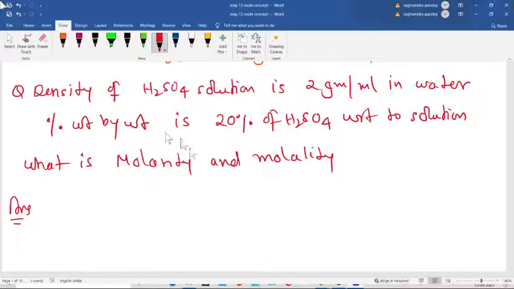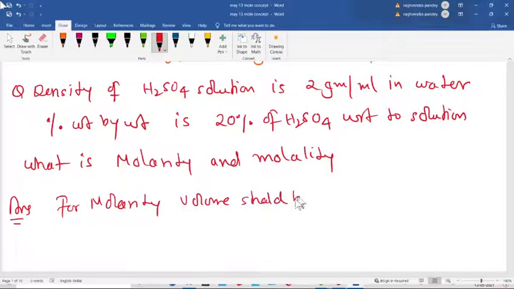Now for molarity, the volume should be how much? The volume should be 1000 ml. I am taking this because the density is given in gram per ml, so I am taking 1000 ml here.